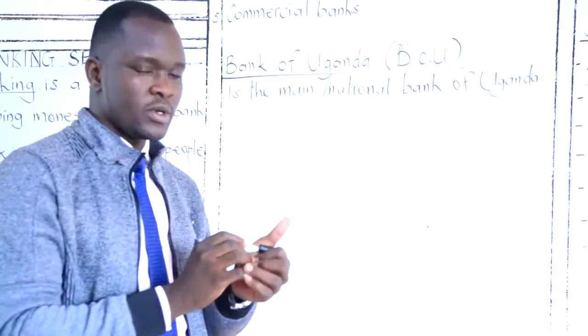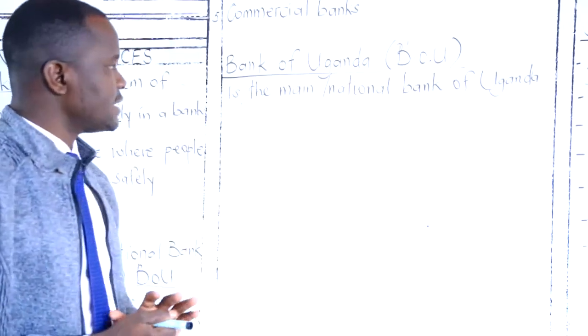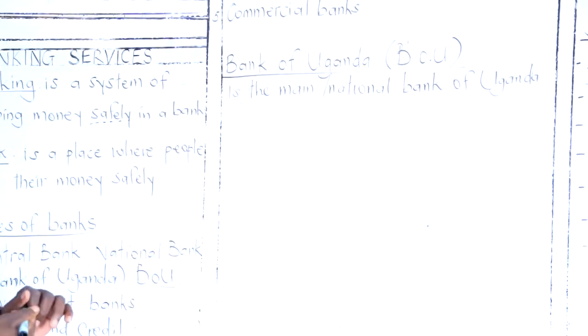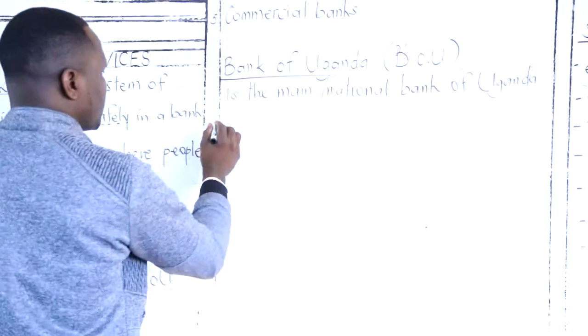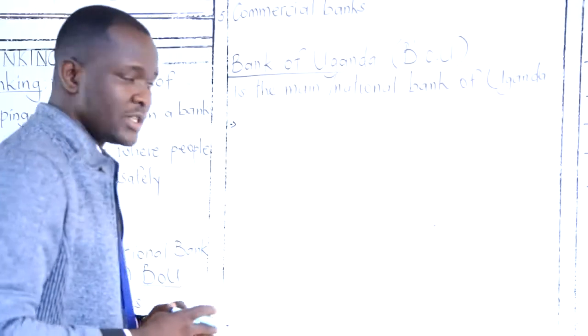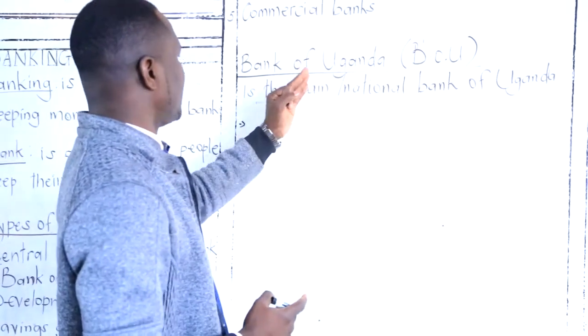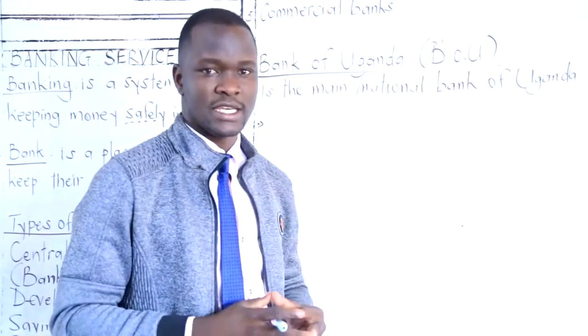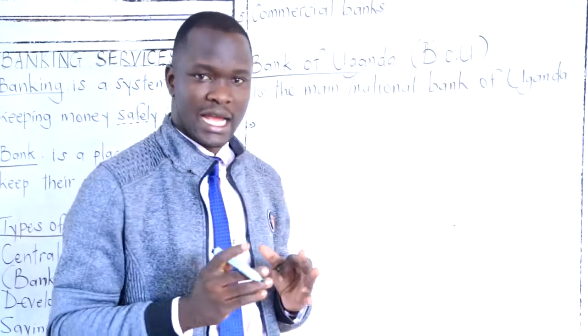The other thing we need to note is that this bank is headed by a person who is given the title as a governor. Did you know that? The title given to a person heading the central bank is governor.